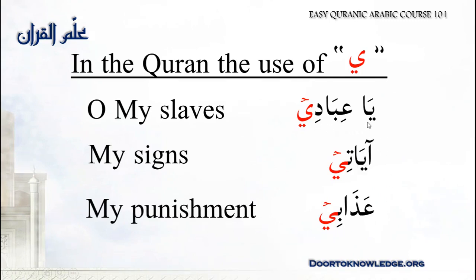So if you look, ya ibadi, ya is O, ibad is slaves, the ya is for my. Ayati, my signs. Ayat is signs, ya is for my. Adhab is punishment. So the ya is for my.